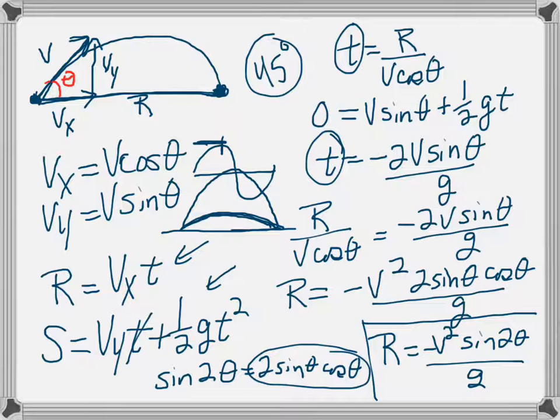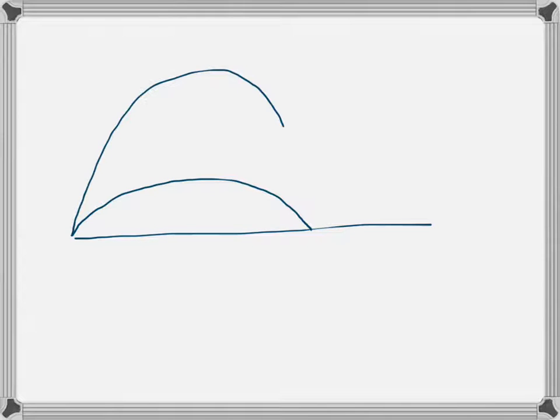If I shot at 40 degrees and I shot at 50 degrees, whoops, I didn't do that right. Let's see if we can go to another page here. Let's try to draw this out a little bit better. If I shoot at 30 and 60, okay, those will come to the same.